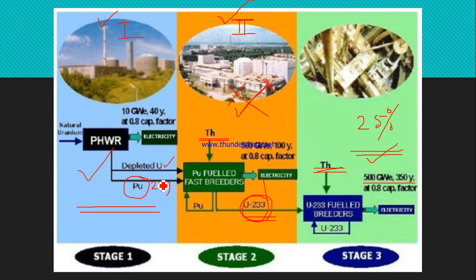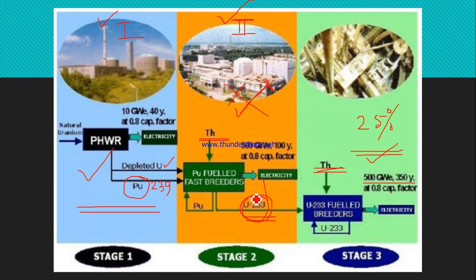So the quantity of plutonium-239 that we used, after the breeding, means after the reaction completes, it is producing more plutonium-239, which is getting converted from uranium-238. So what we used, as a byproduct we are getting more than that. Quantity is increased. So that's why it's called breeder.